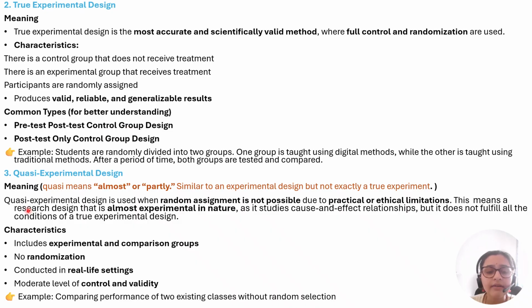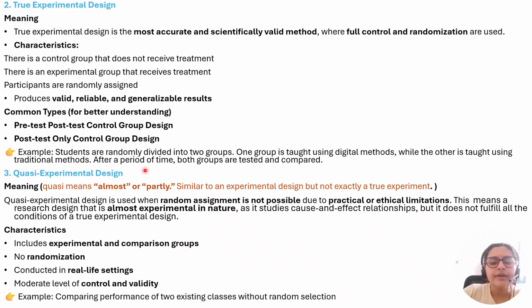Then the third one is quasi-experimental design. Quasi means almost or partly. That means this design is almost similar to an experiment in nature, but it is not completely experimental. It does not follow all the rules an experiment should follow.